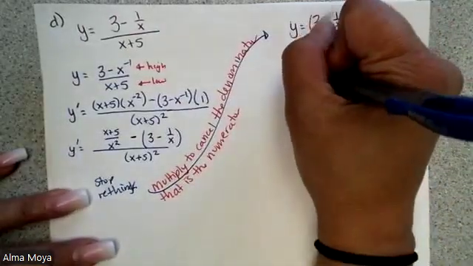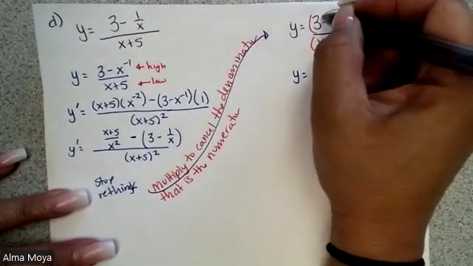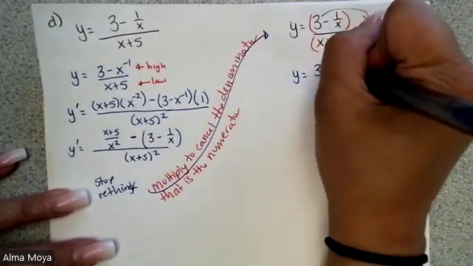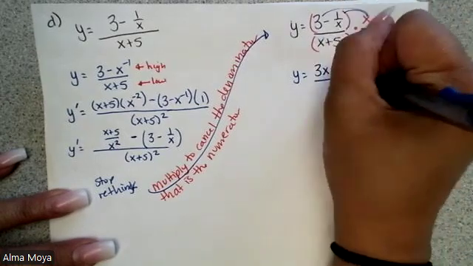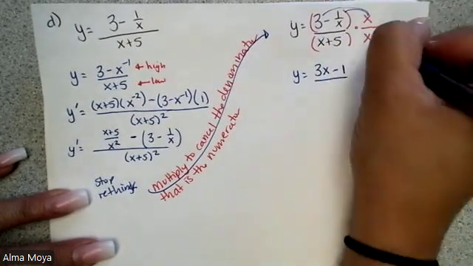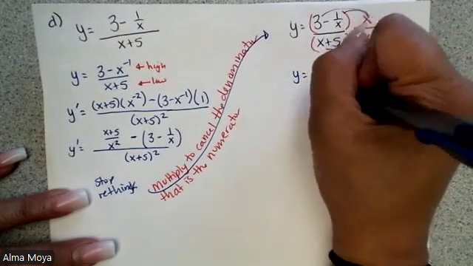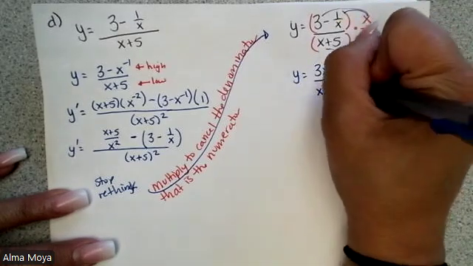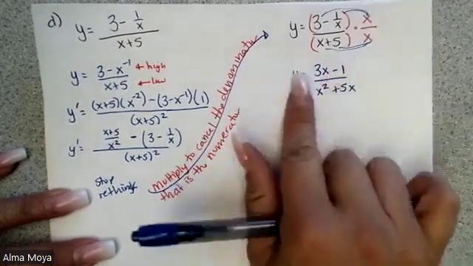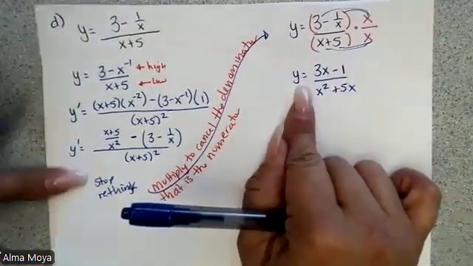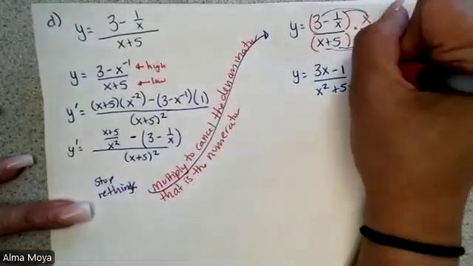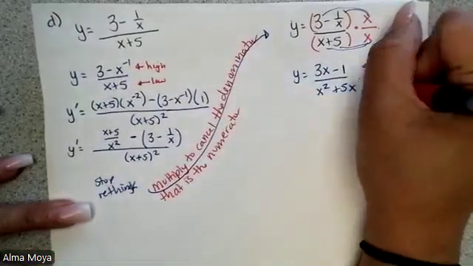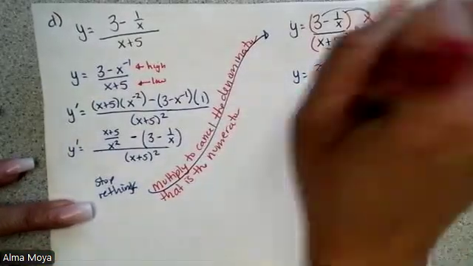So if I do that, x times 3 is going to be 3x. But then right here, when I multiply x times 1 over x, that's just the number 1. In the denominator, x times x is going to be x squared, and x times 5 is going to be 5x. Now, this looks a lot better than all of this. And now, once again, this is going to be your high, and this is going to be your low.